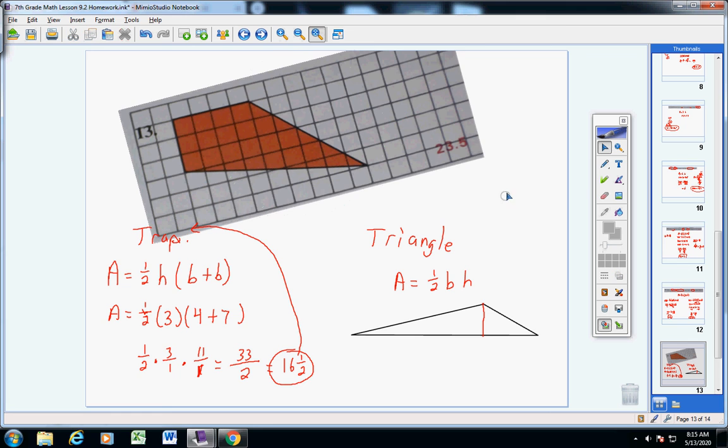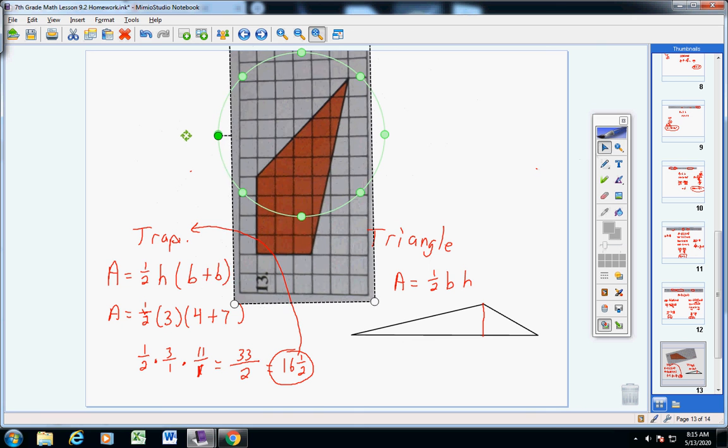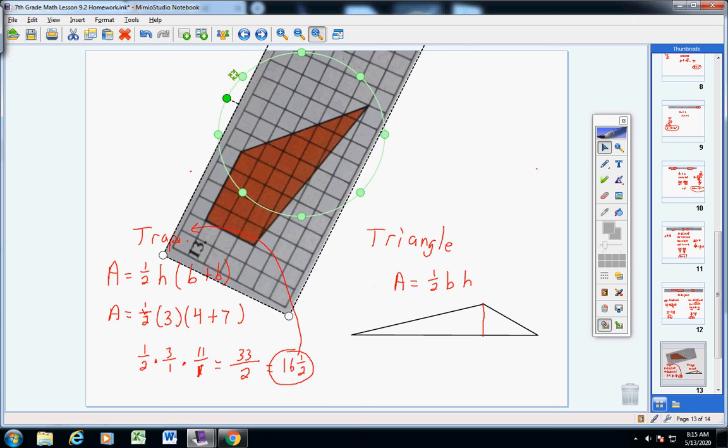There. So here's my triangle right here. Here's my triangle, see it? And my height would be that, and we don't know what that is.